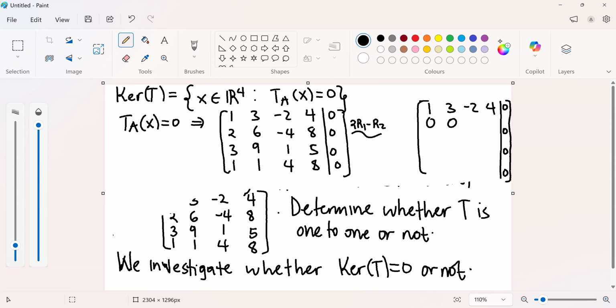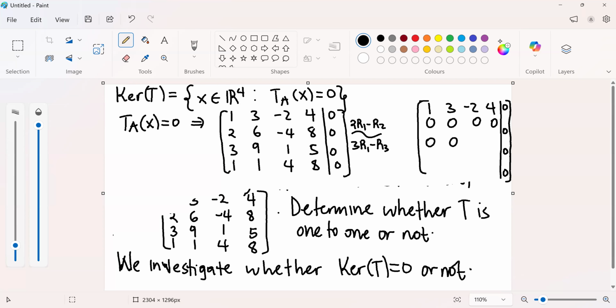Then for row 3, you can use 3 times row 1 minus row 3: this is a 0, and 9 minus 9 is also 0.